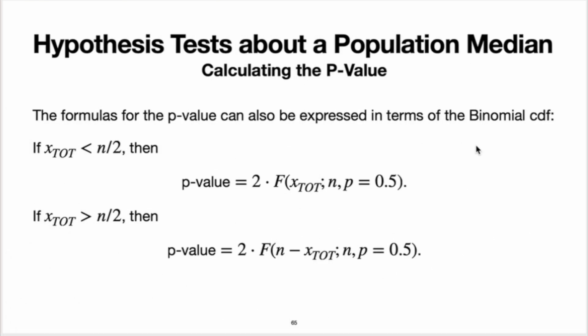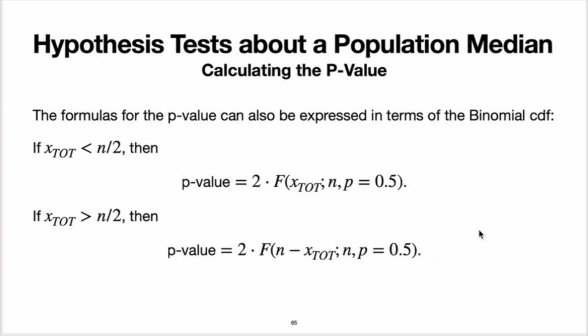So if the observed value of x_tot is less than n over 2, then the p-value can be computed as 2 times the value of the CDF of the binomial evaluated at little x_tot, again where p is equal to 0.5. And if the observed value of x_tot is greater than n over 2, then the p-value is 2 times the value of the binomial CDF evaluated at n minus little x_tot, again with p equal to 0.5.